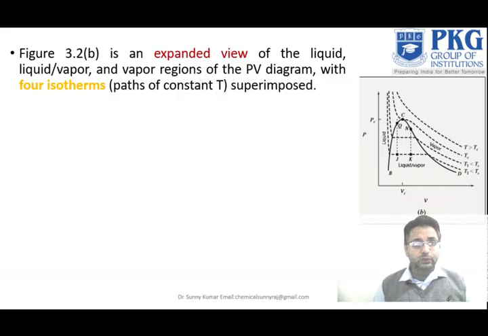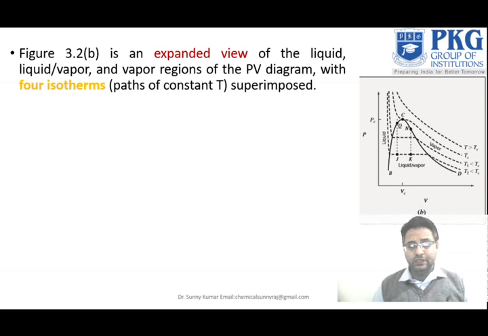Figure 3.2 is an expanded view of the liquid, liquid-vapor and vapor regions of the pressure-volume diagram with four isotherms. The dotted lines 1, 2, 3, 4 are the four isotherms, at different temperatures: greater than the critical temperature, at the critical temperature, less than the critical temperature, and very low, less than the critical temperature.